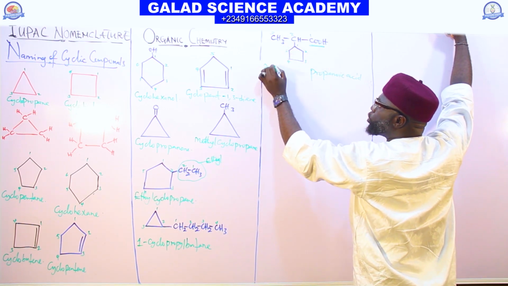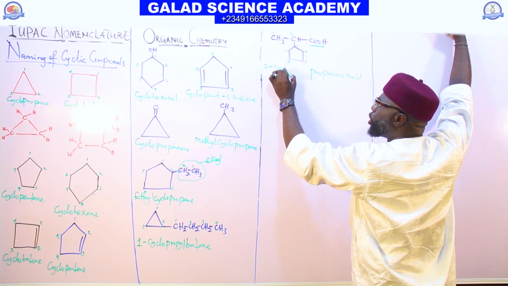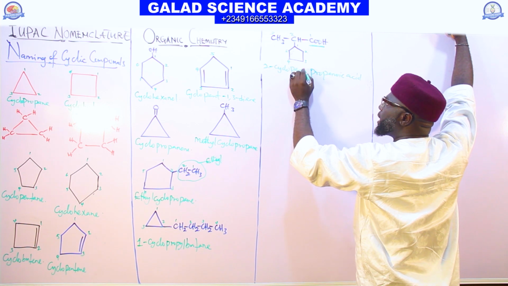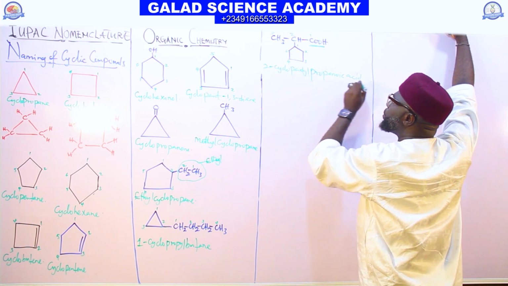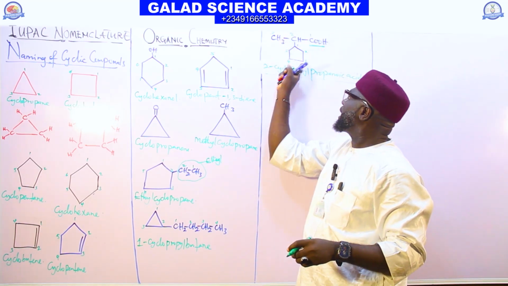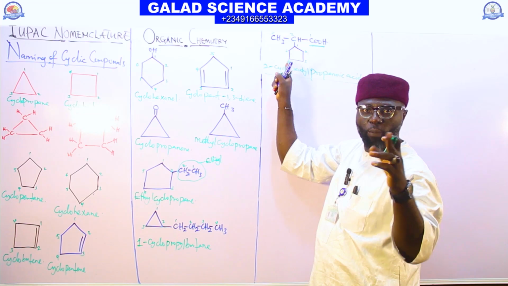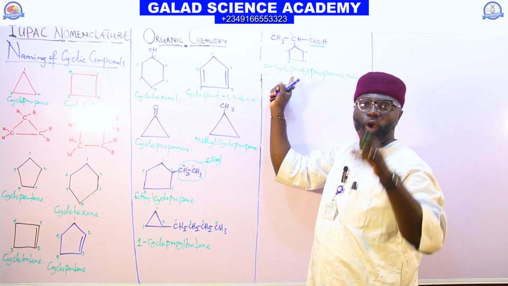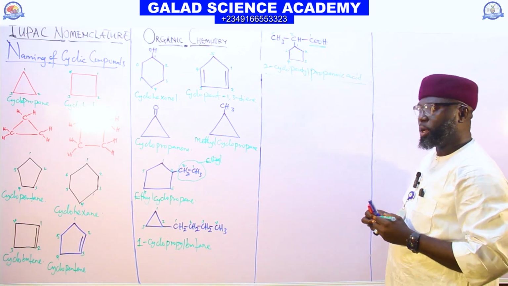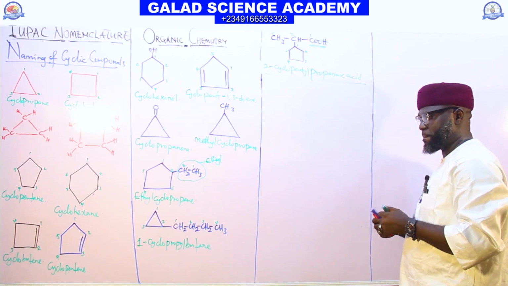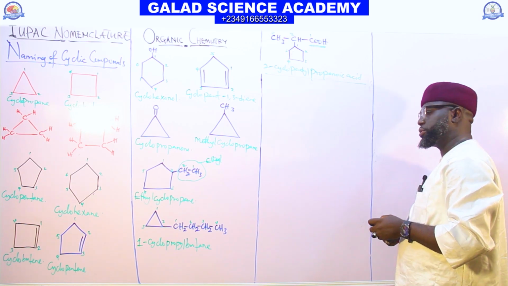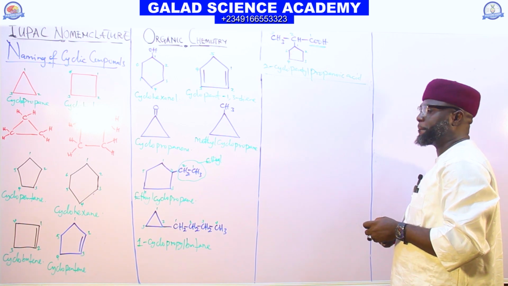Now call it 2-cyclopentylpropanoic acid. Why is it that this cyclic that has 5 becomes a substituted group? Because of the functional group we have here. Please note that too.